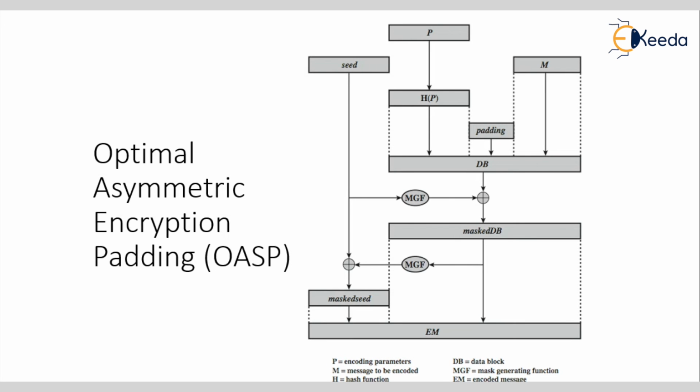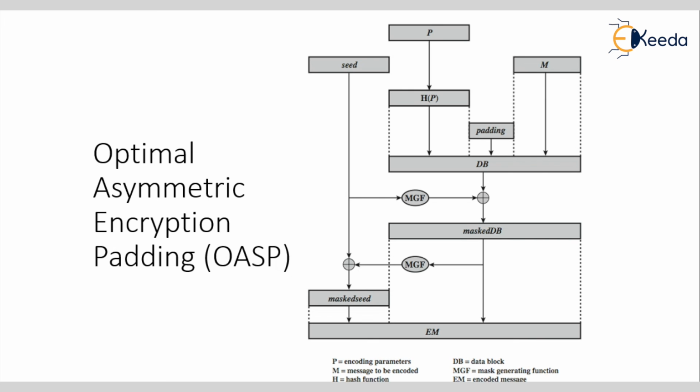This is just a diagrammatic representation of OAEP, which is nothing but optimal asymmetric encryption padding, wherein we can see how the encoding parameters are used, how the message is to be encoded, how the hash function is then used on the encoding parameters, and how the padding is used.